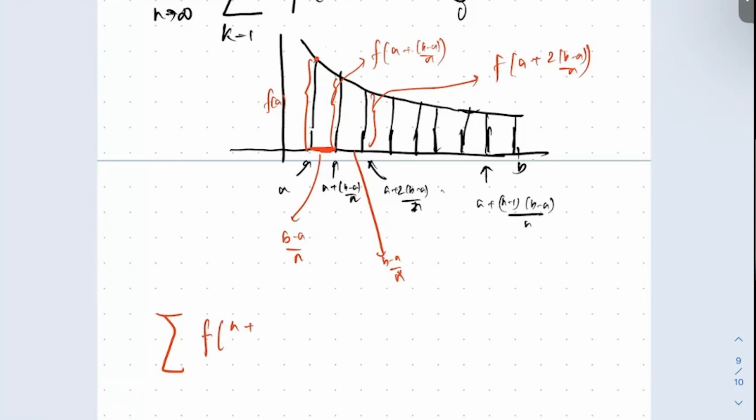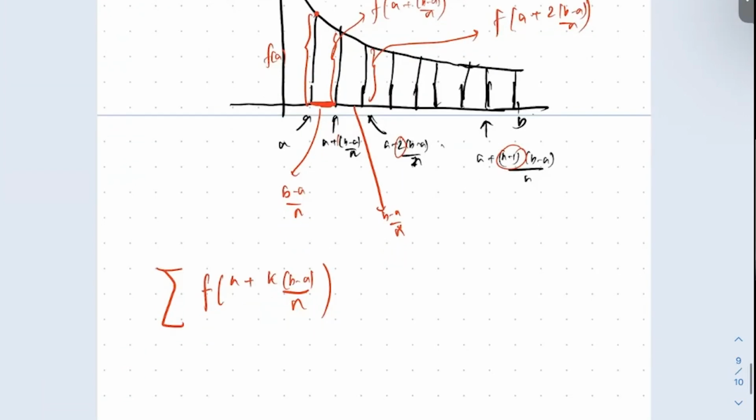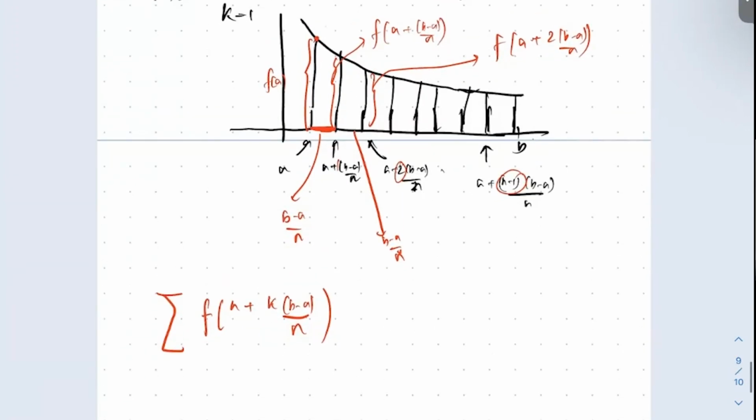So it's k times (b minus a) by n, where k is 1, 2, 3, until n minus 1, until it goes to n. Observe, this is the height times (b minus a) by n, which is the width. This is the area, and the sum of it is the sum of the areas of these boxes, these rectangles.